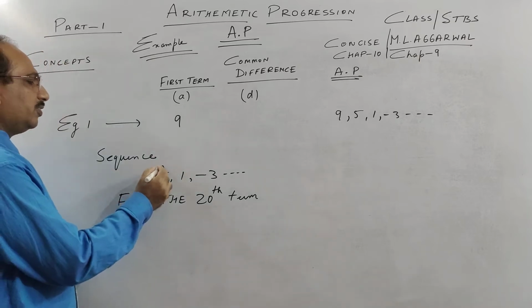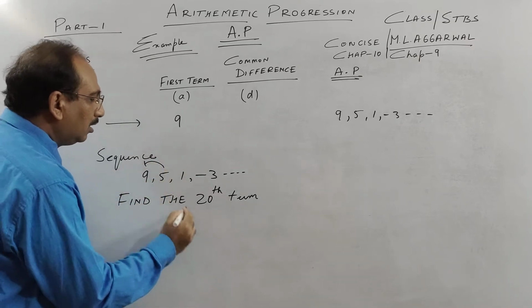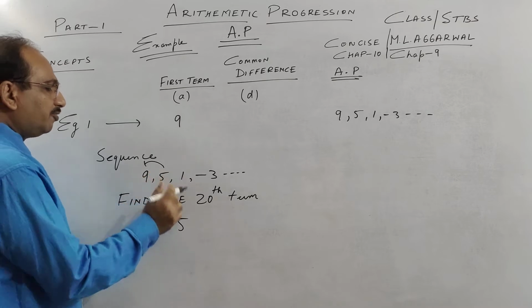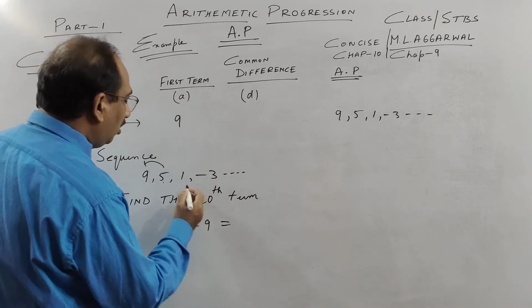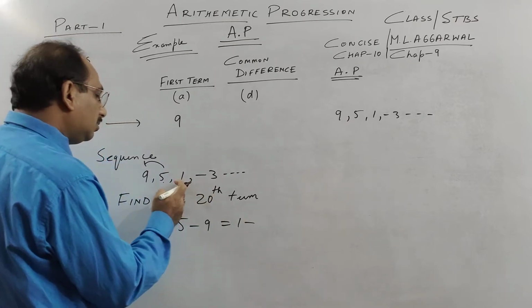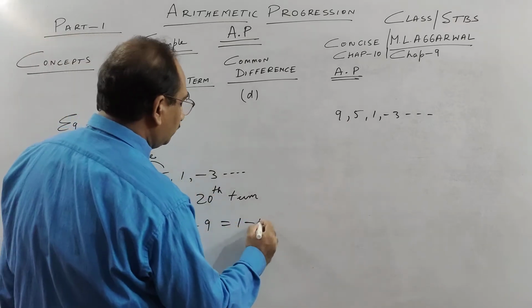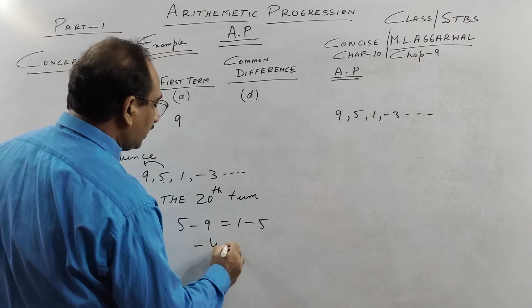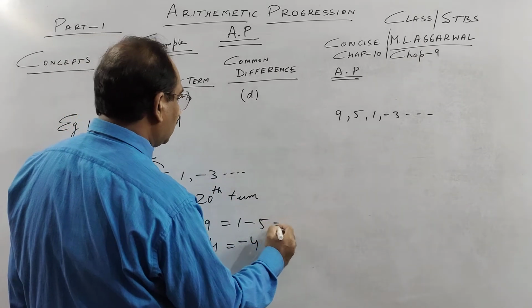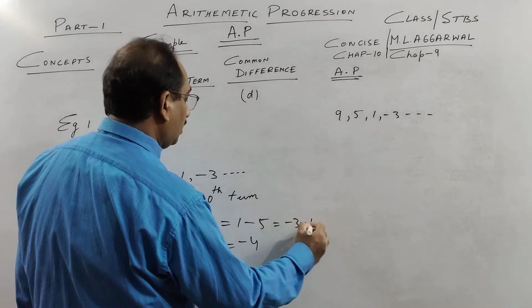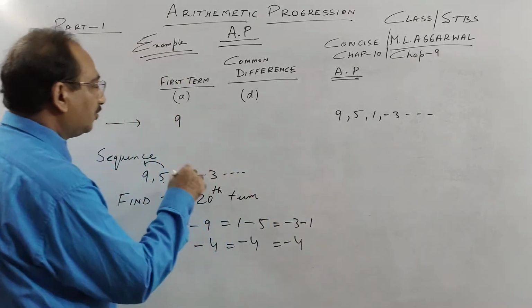Difference you find, children, it's very easy. Subtract the first term from the second term. Okay, this minus this, same thing you will get. Or you subtract the second term from the third term. So everywhere we get minus 4. Even the last one also, children, minus 3 minus 1, you get minus 4.